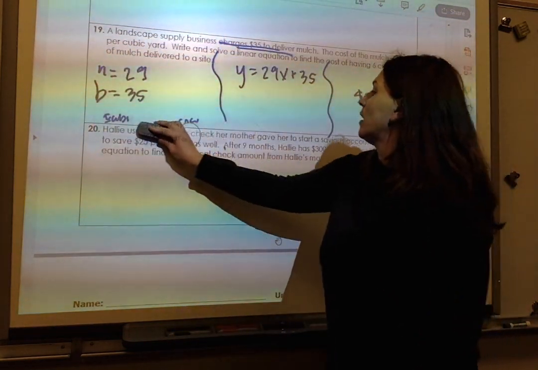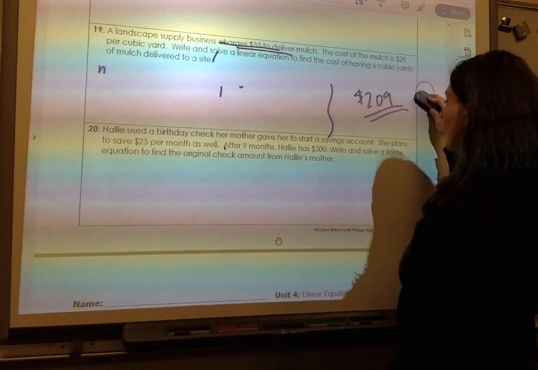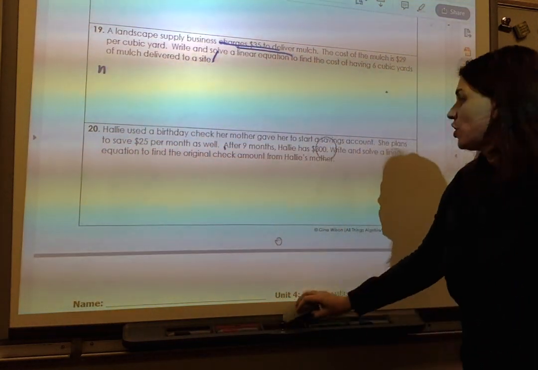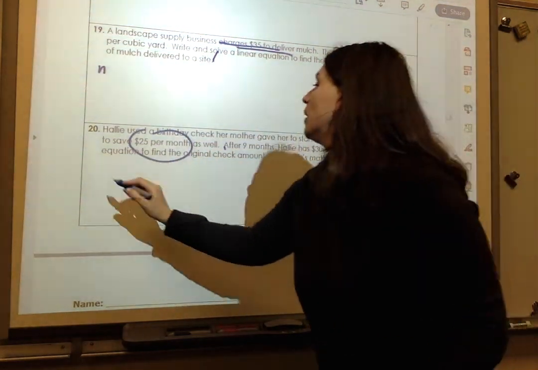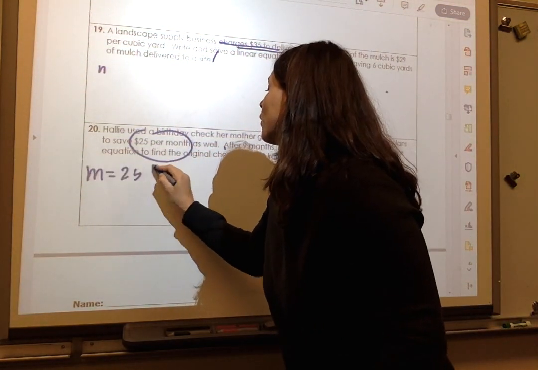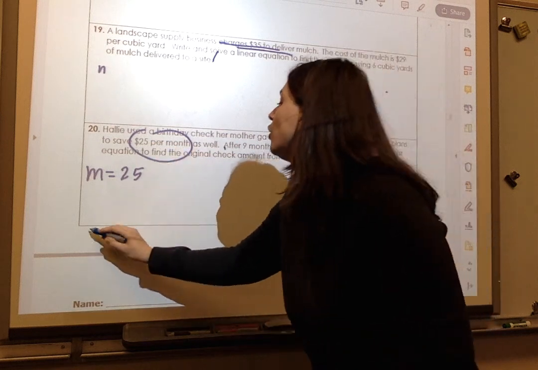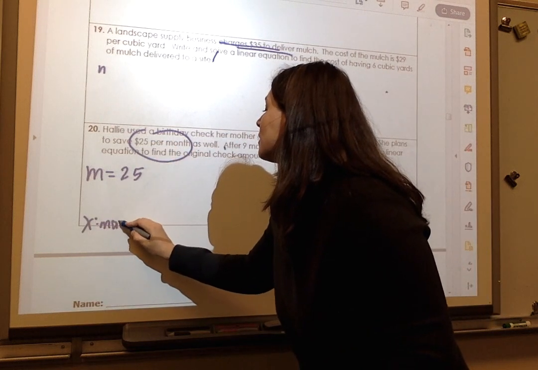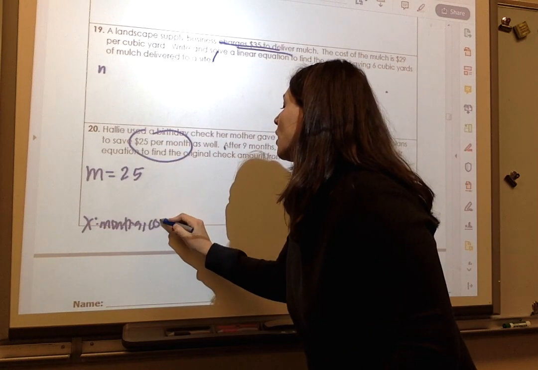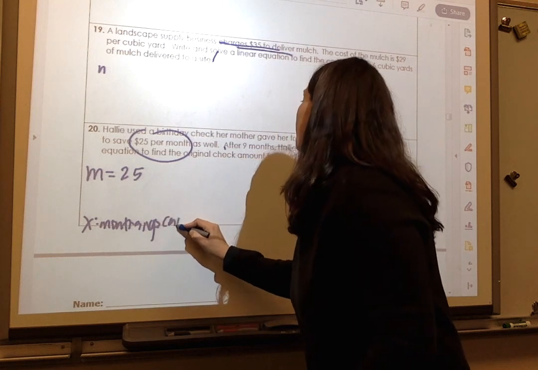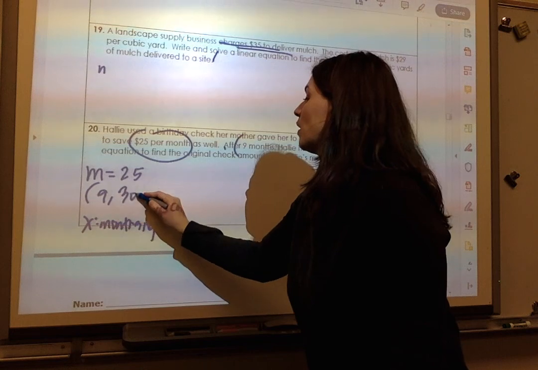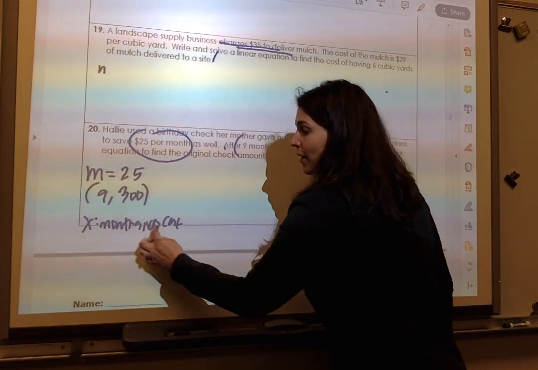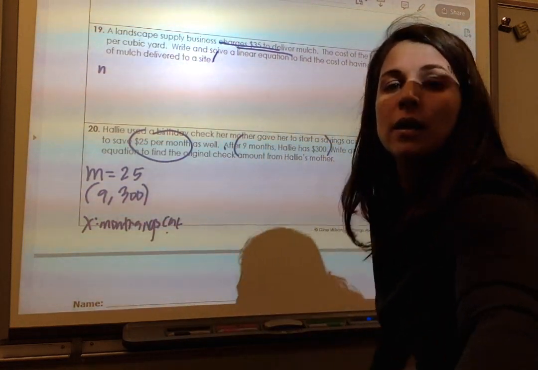Hallie uses a birthday check her mother gave her to start a savings account. She plans to save $25 per month. Hello, slope. So I know I'm going to be doing $25 per month. And just because of that language, X stands for months, Y stands for cost. After 9 months, she's 300. That follows the formula of x and y, so that's a point.